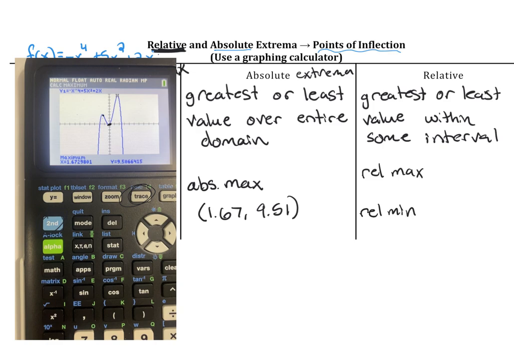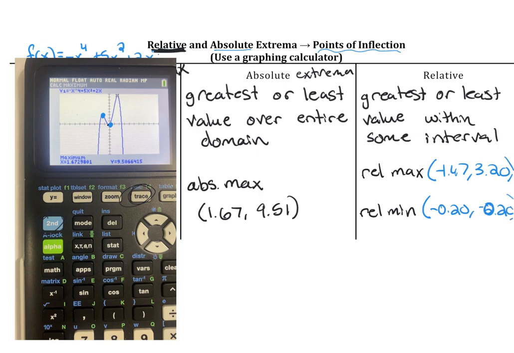But maybe pause the video and try it on your own quick and see if you can get the same numbers that I got. But the relative max, this point right there, you should get negative 1.47, 3.20. And the relative min right there, you should get negative 0.20 and negative 0.20, same x and y value.